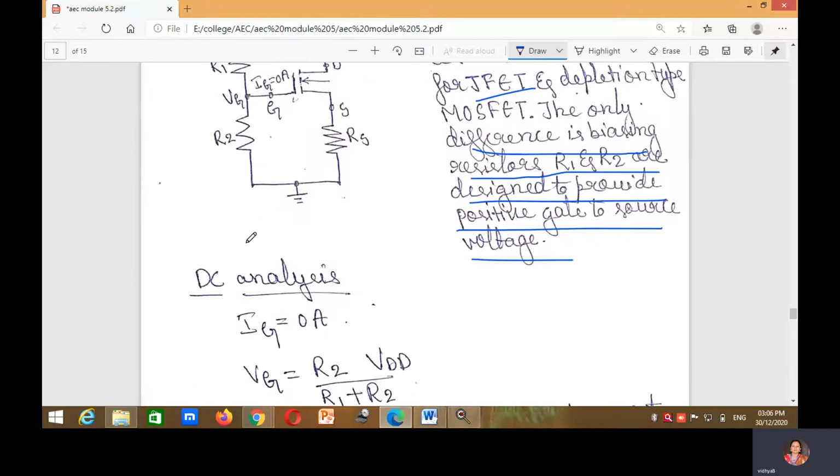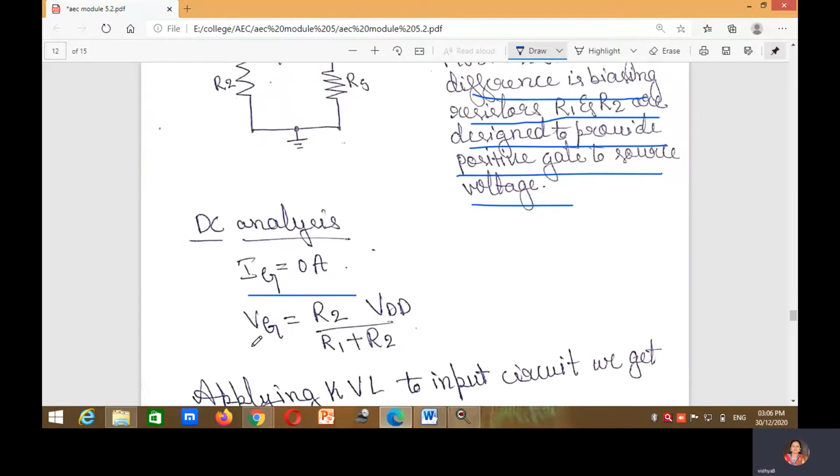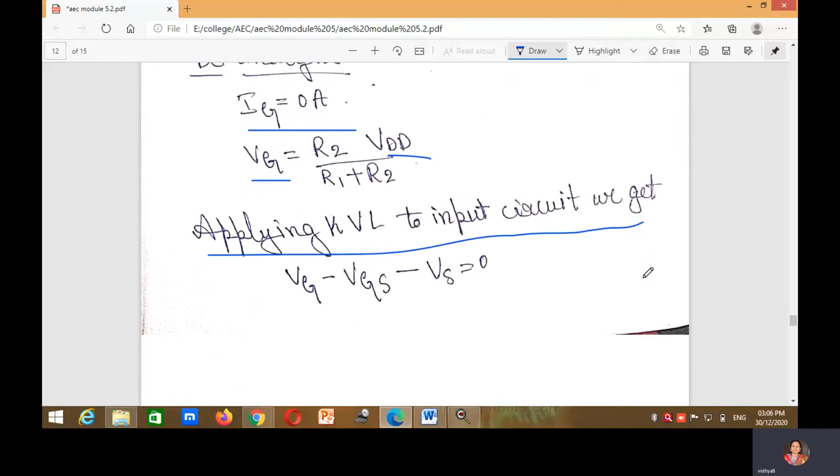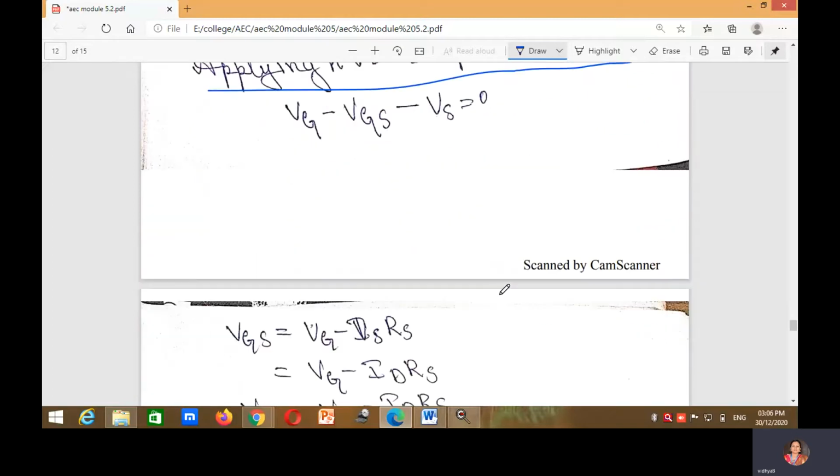First we shall go with the DC analysis. We shall consider that Ig is equal to 0. If Ig is equal to 0, then Vg is equal to R2 divided by R1 plus R2, into VDD. If you apply KVL to the input circuit, we get Vg minus Vgs minus Vs is equal to 0.